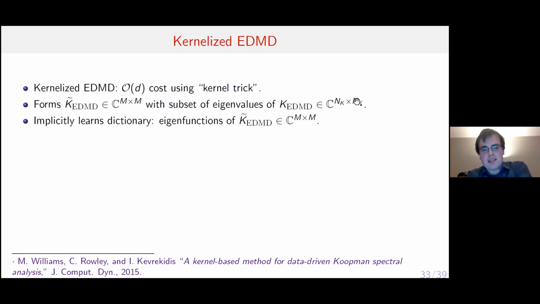And you can view this as implicitly learning a dictionary, if you look at the eigenvectors, which form eigenfunctions of this finite matrix.